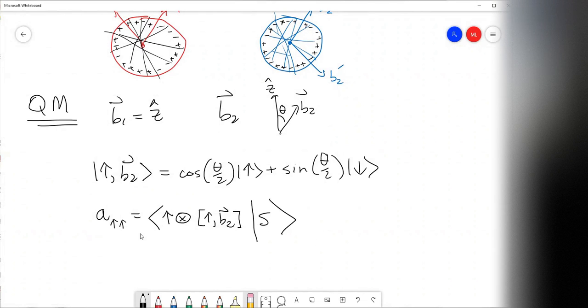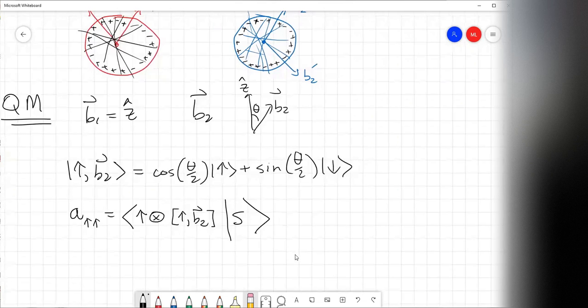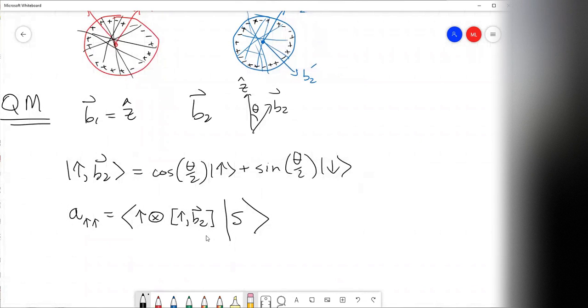So the minus, down, up part dots to 0 because up dotted with down is 0, or orthogonal. So this whole thing just becomes 1 over square root of 2. It just picks up the up piece. You get up tensor up, B2 dotted with up, down. It's the up, down part.